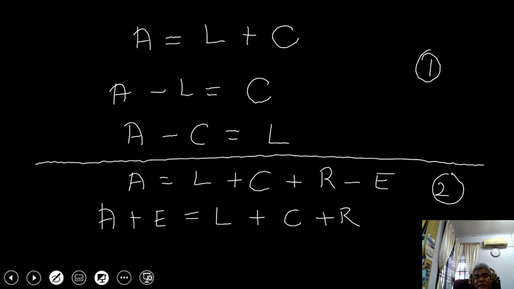So saya telah ajar anda apa yang dimasukkan asset, liability, capital, revenue and expenses. So you have to differentiate between these 5 items: asset, liabilities, capital, revenue and expenses.